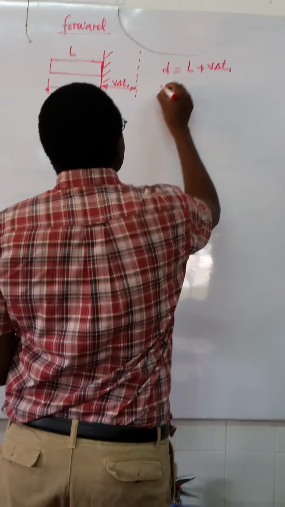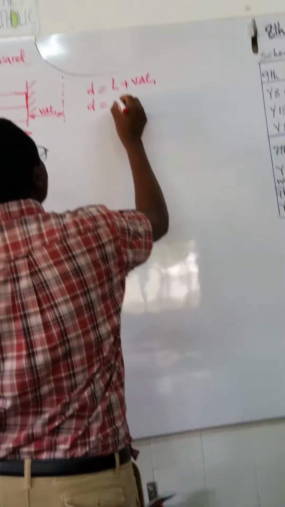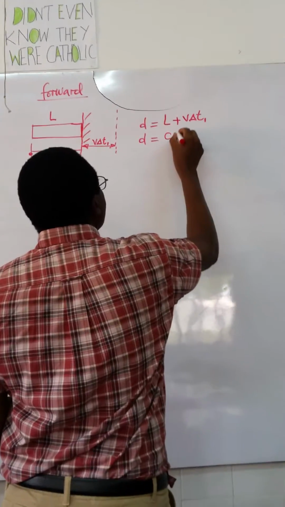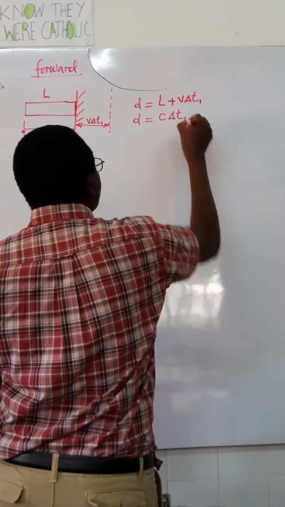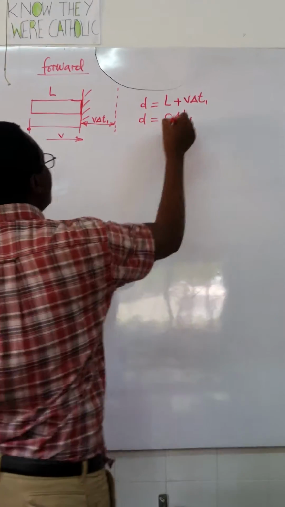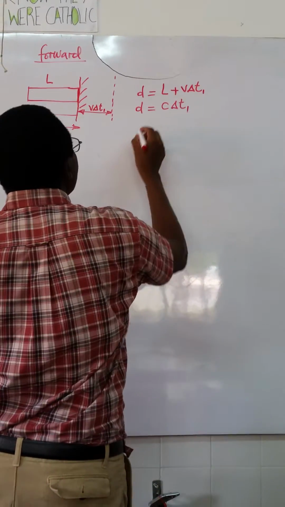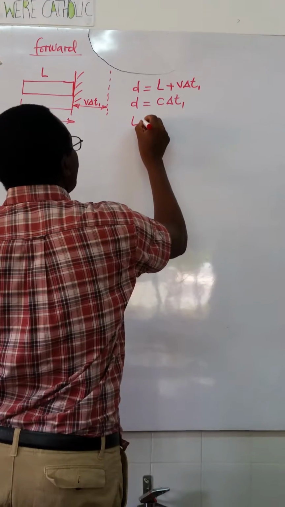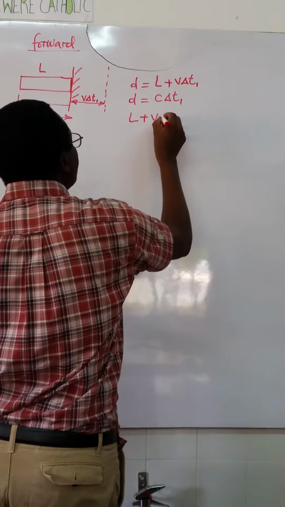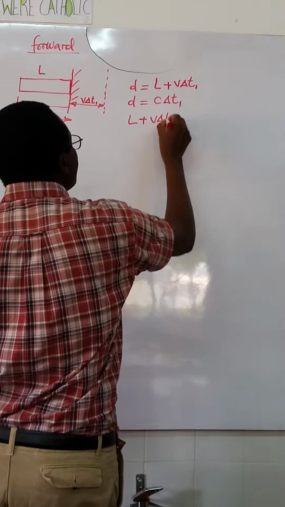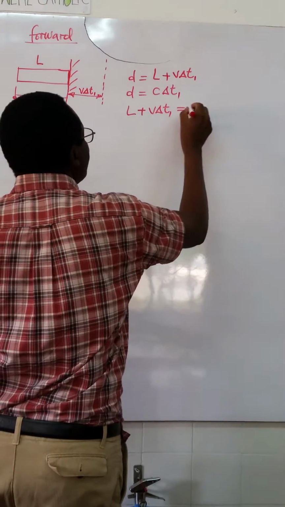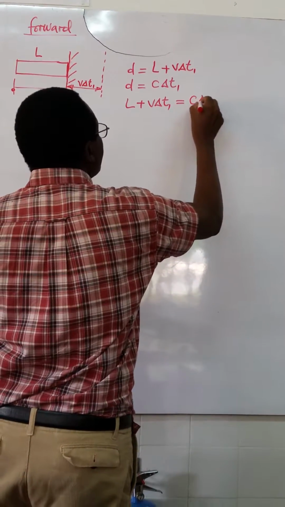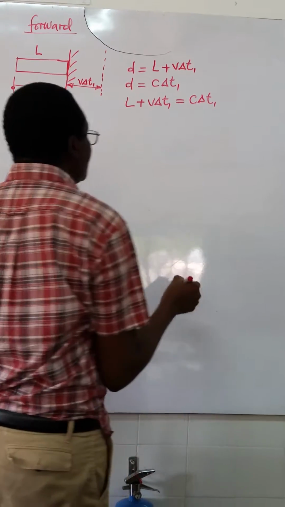And we know that d is also equal to c times change in time t1. So since this d is the same, we equate the two and we say L plus v change in time t1 must be equal to c change in time t1.